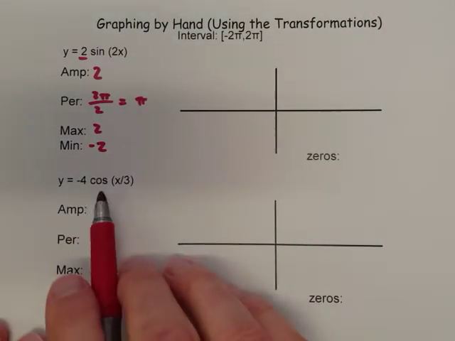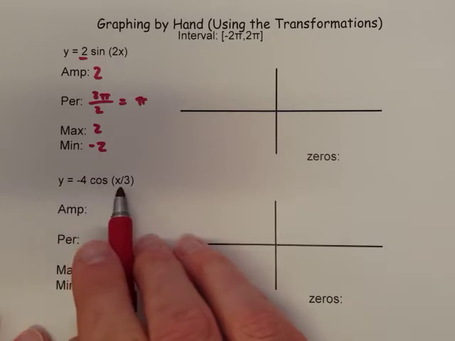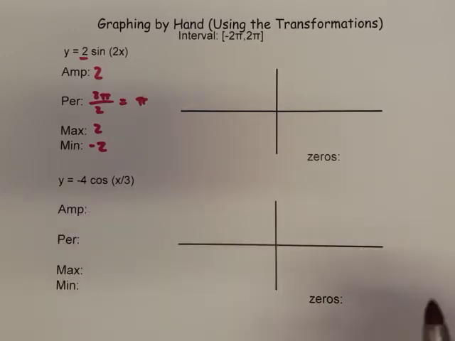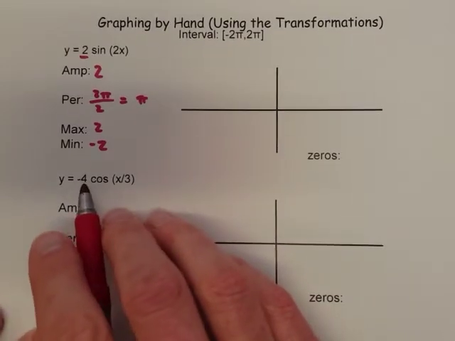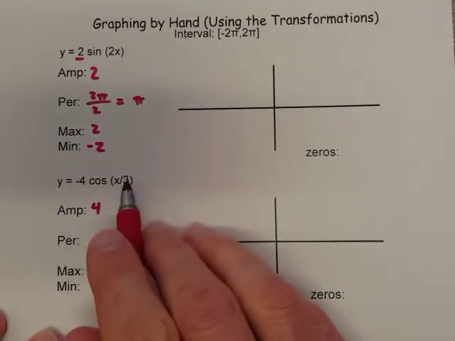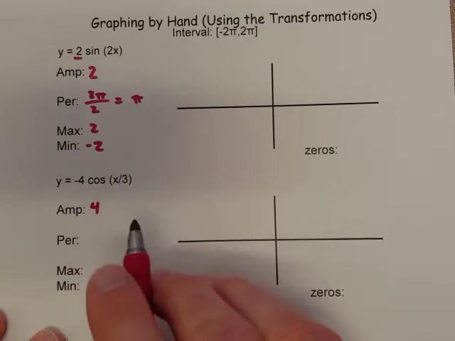All right, very similar thing down here as we fill in some stuff. We've got -4 cosine x divided by 3. The -4, we're not going to deal with that yet. That has to do with a transformation, but the amplitude is just simply 4. The period, we're going to be using this 3, but this is really 1/3 x.